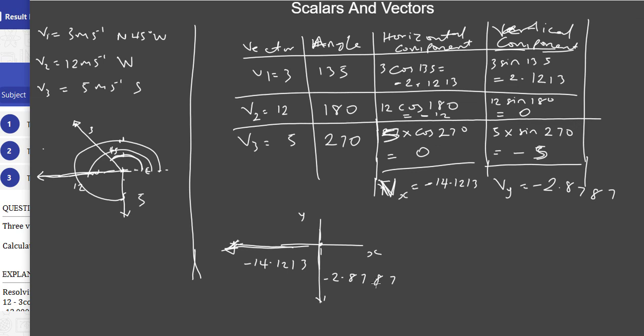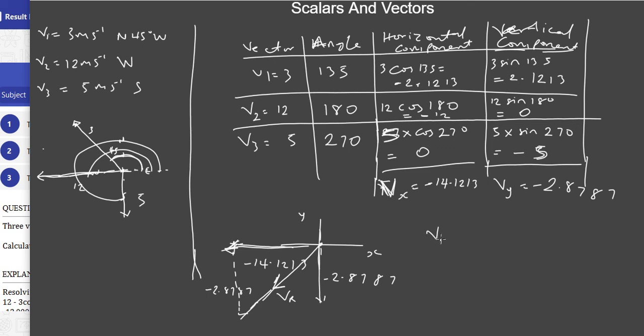So what do you think will be the resultant vector? The resultant vector is going to be along this direction. The direction will be along the side, then the magnitude will be the length. So let's say this is VR, the resultant vector.